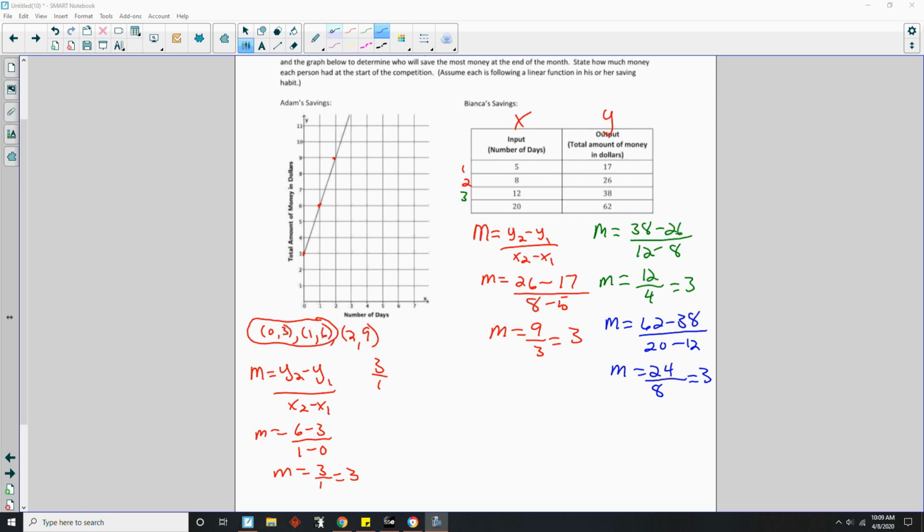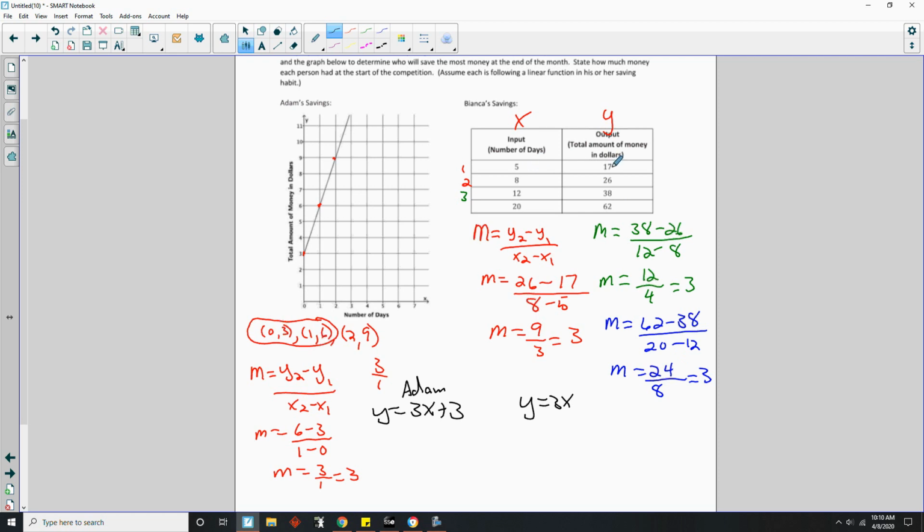Okay, so if we come up with the equation, this would be y equals the slope times x plus the y-intercept. So there's the equation for Adam. Adam's equation for saving the money is y equals 3x plus 3. Bianca's equation for saving money is y equals 3x, but I don't know where the 0 is, but I know the rate of change is $3 per day.